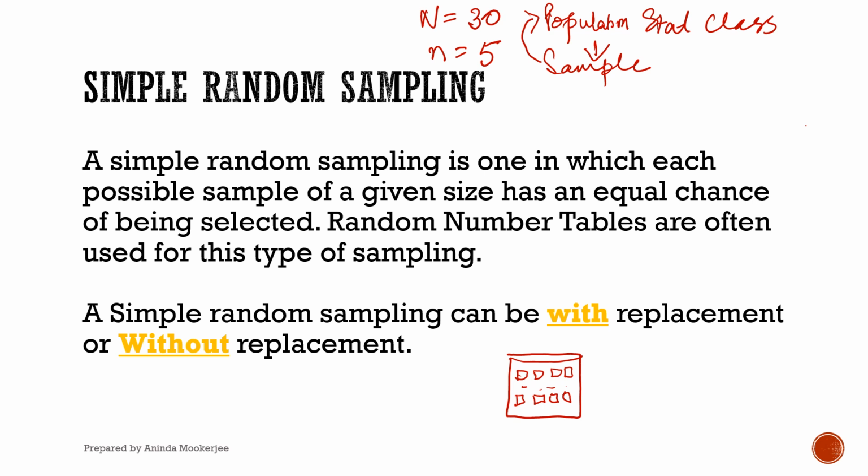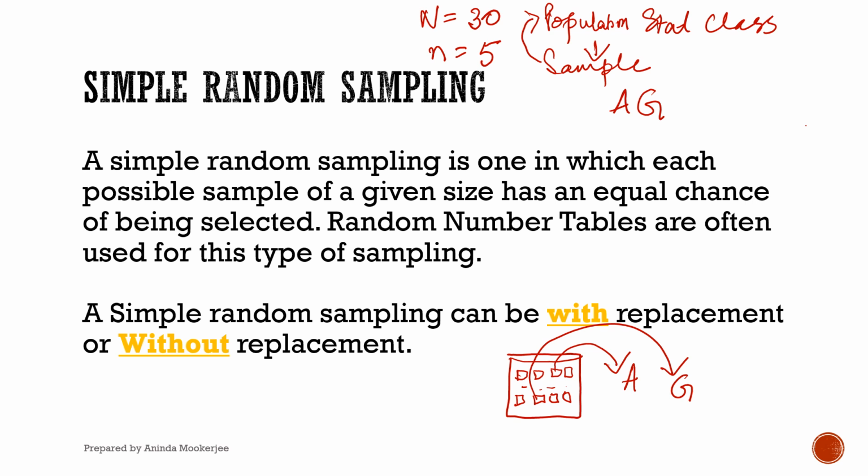Let's say the first name that is drawn is Anne. So Anne becomes a part of my sample. Then we shake the box again. It's just like playing a raffle, really. The box is shaken again, and the person is asked to pick a second name, and let's say this time Gary is picked. So Gary now becomes a part of my sample.